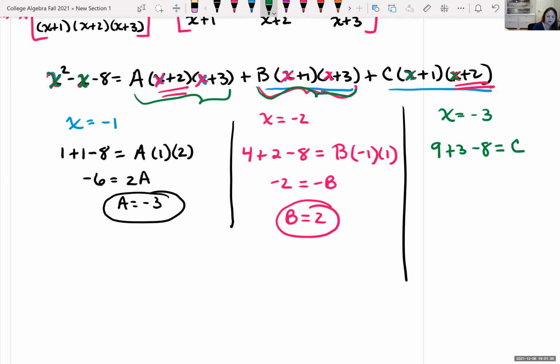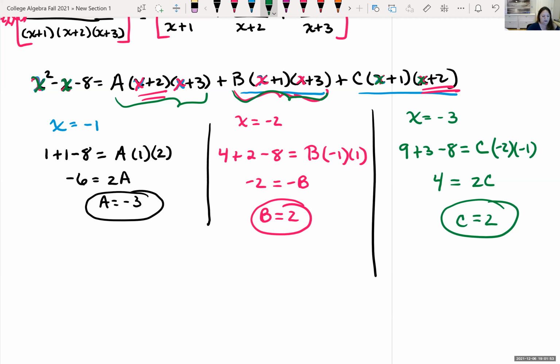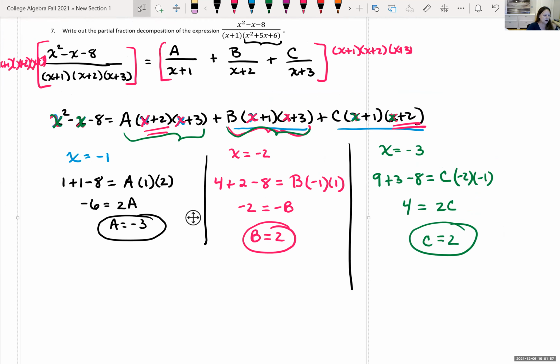So -3 plus 2 gives us -2, and -3 plus 2 is -1. So 9 plus 3 is 12, 12 minus 8, that gives us +4 equals 2c. So c here is 2. So we know what a, b, and c are. So we now know what our equation is.